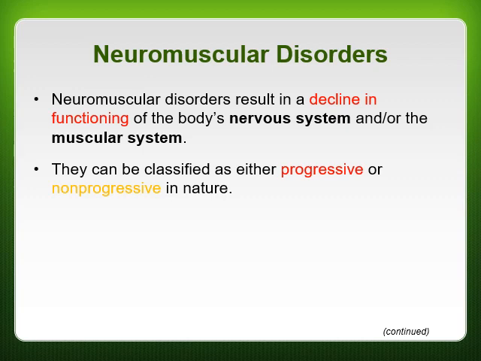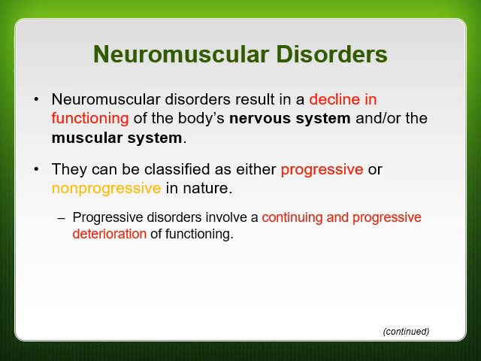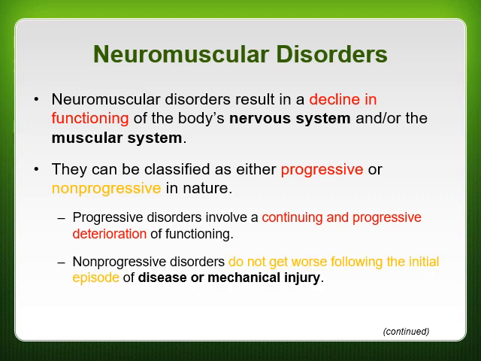And what's the difference between the two? Well, progressive disorders, much like an exercise progression, means that something gets more and more. There's more intensity as things go on. So progressive disorders involve a continuing and progressive deterioration of functioning. So over time, the functioning gets worse and worse. Whereas non-progressive disorders don't get worse following the initial episode of disease or mechanical injury.